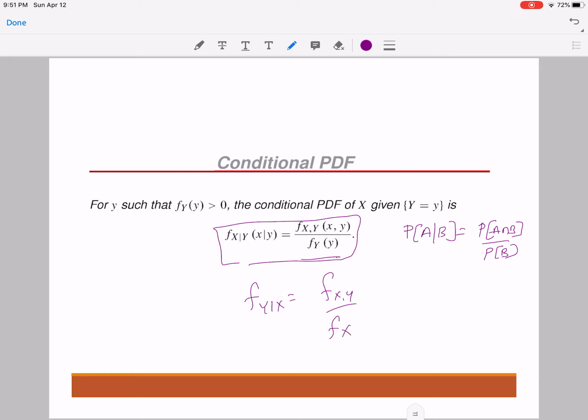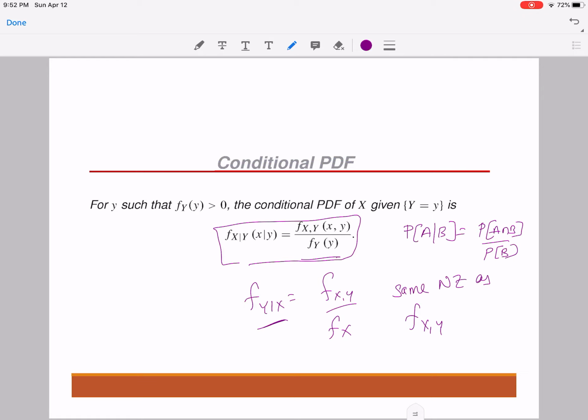One important thing to notice here is that unlike your other conditional PDFs that are conditioned by events, this new conditional PDF is going to have the same region of non-zero probability as the joint PDF. It doesn't change.